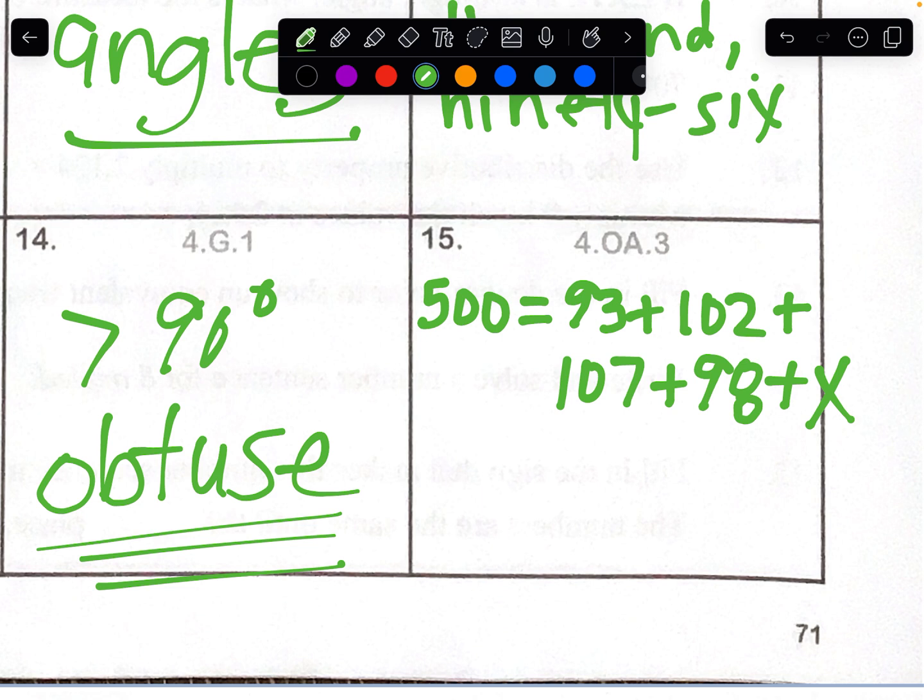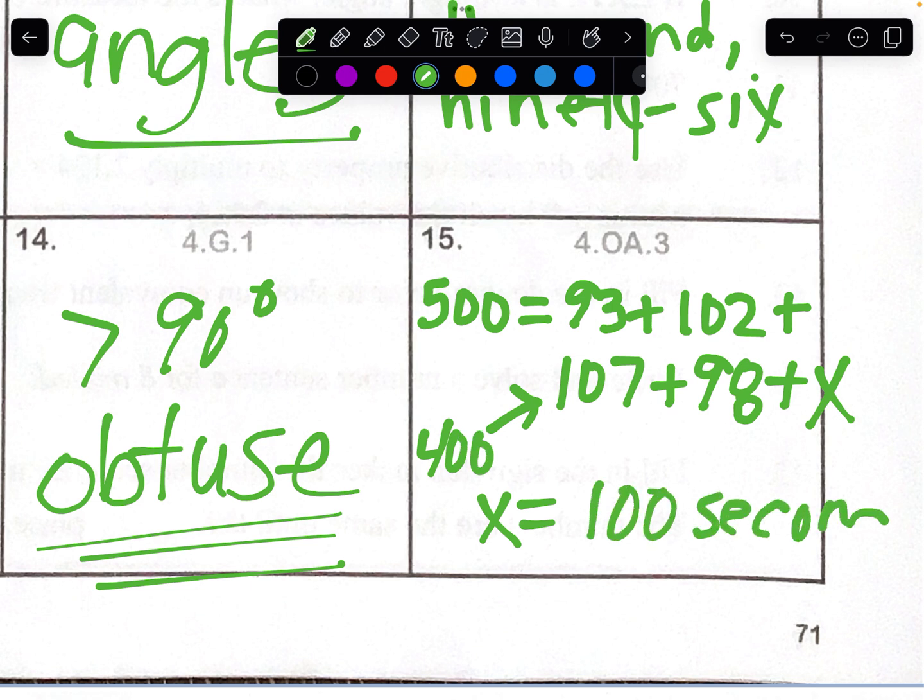Now if you went as far as finding what that answer is, so if you add 93, 102, 107, and 98, you should get 400. Okay, which means X would have to be 100 seconds. So that 5-part race he has to do in 500 seconds or less.